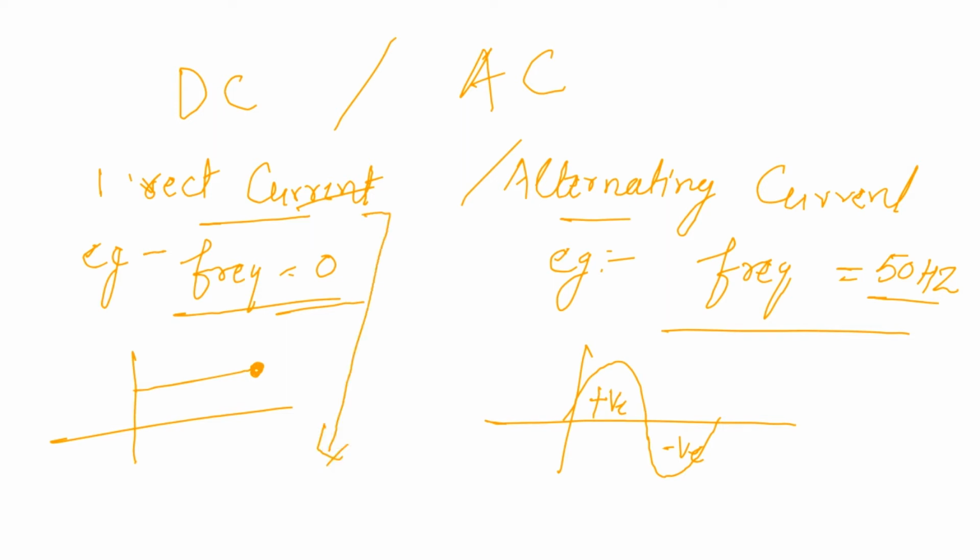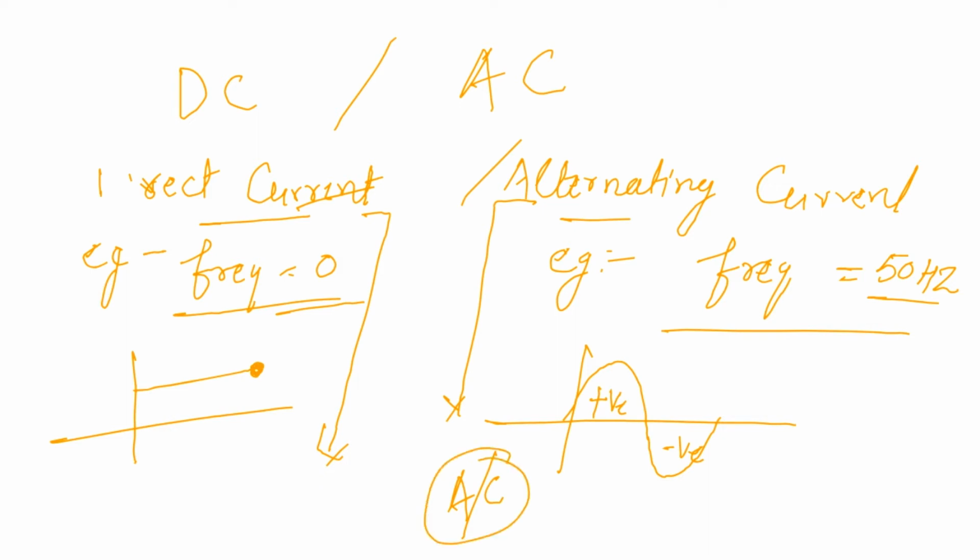Where can we use alternating current? Alternating current is used in our household. Like in our computer, do we use direct current or alternating current? We use alternating current because in our household, AC supply is given.